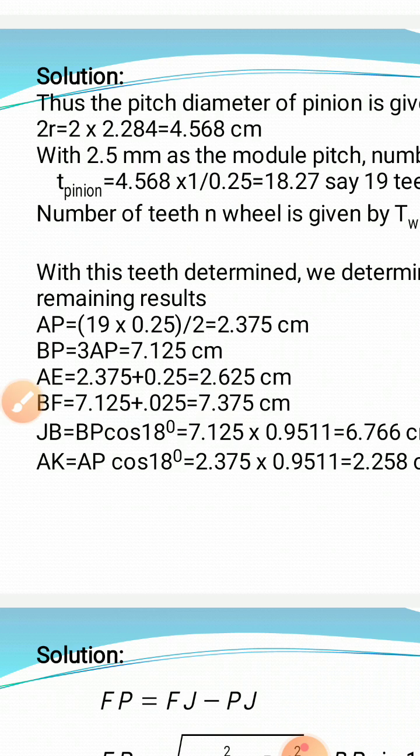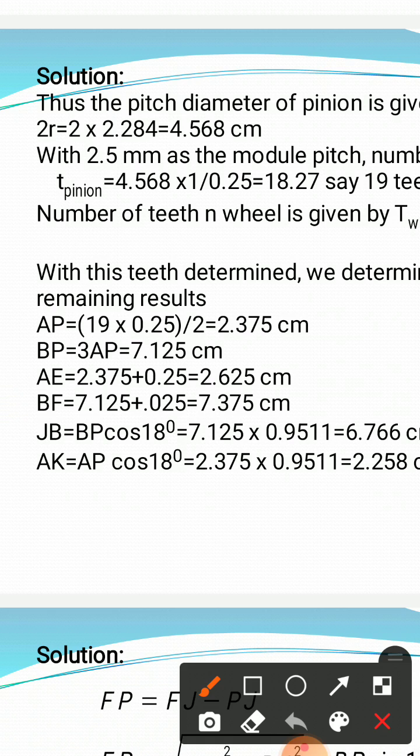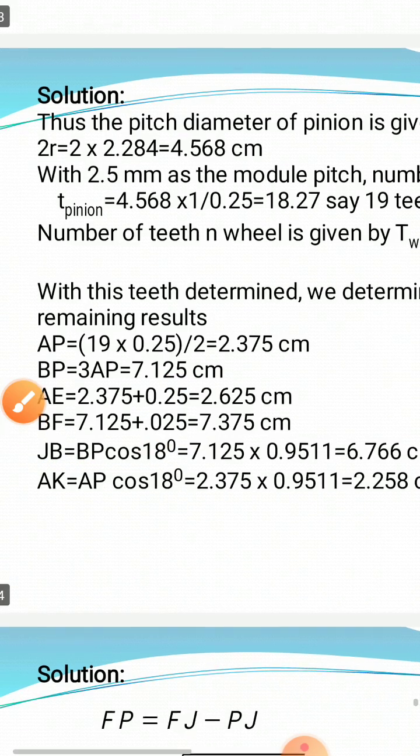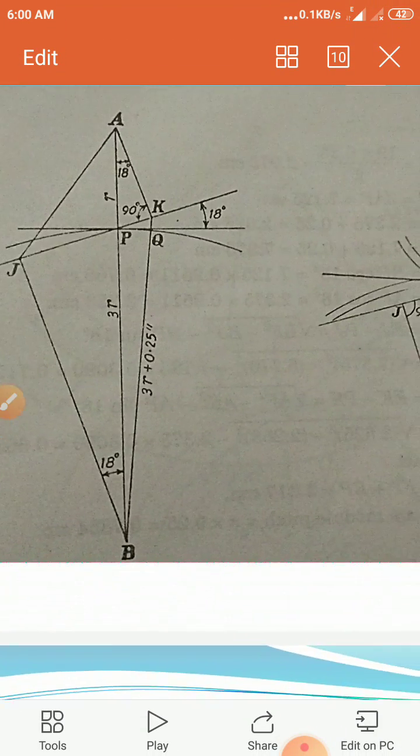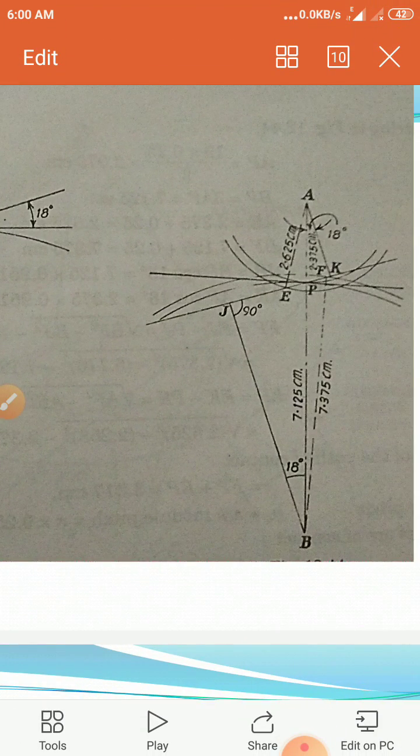BF is again pitch circle radius, the pitch circle radius for the wheel, plus addendum. Now JB is equal to BP cos 18, AK is equal to AP cos 18.